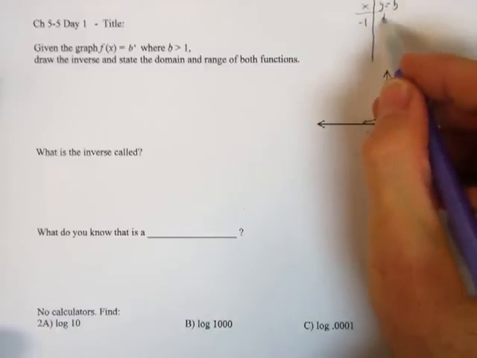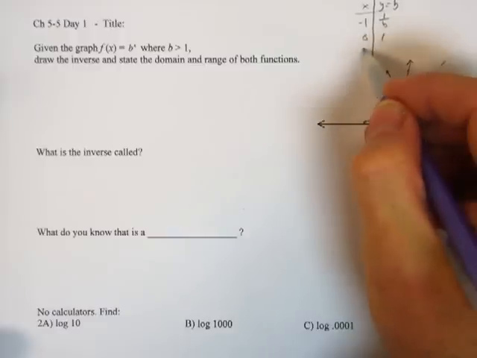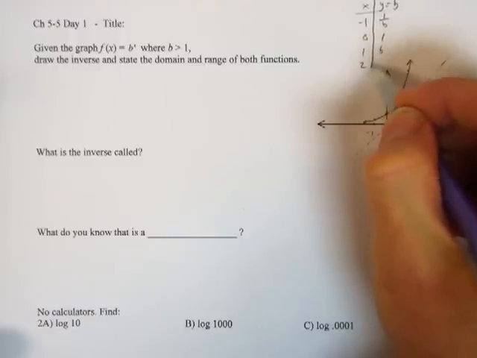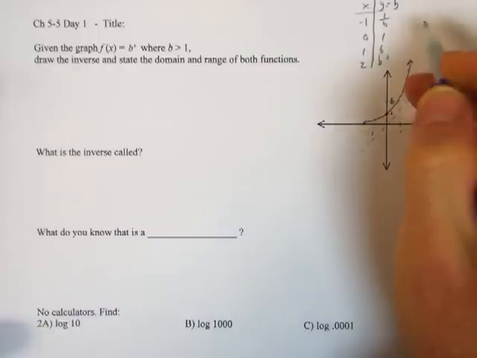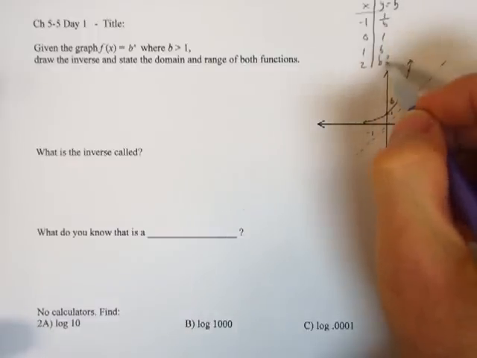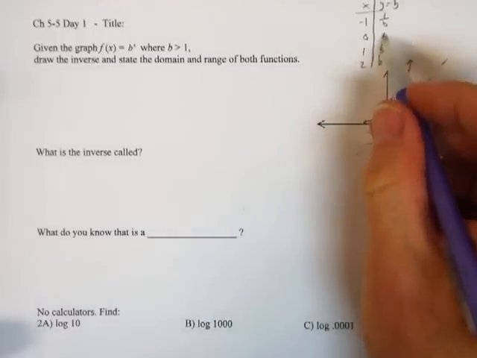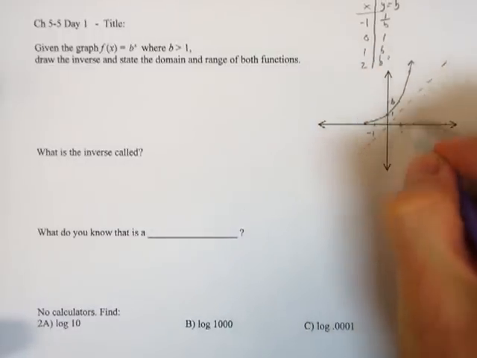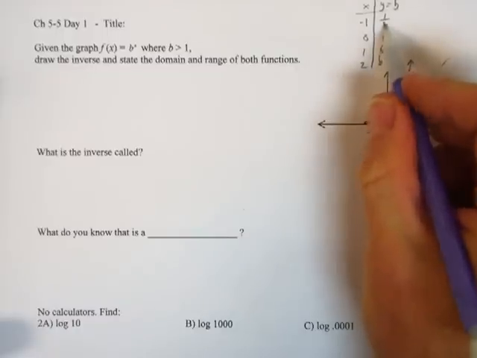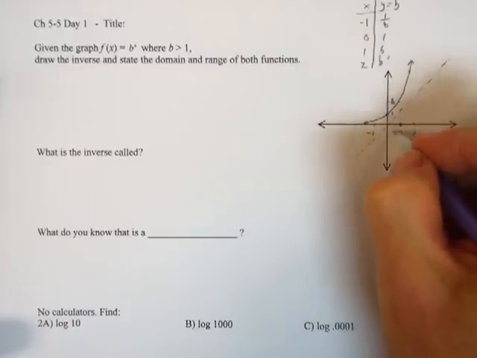We had 1 over b, and 0 was 1, and 1 was b, and 2 was b squared. Well, now we're going to switch those, and so when we plug in b squared, we'll get 2. When we plug in b, we get 1, and when we plug in 1, we get 0. And we plug in 1 over b, so some fraction, we'll get a negative number.